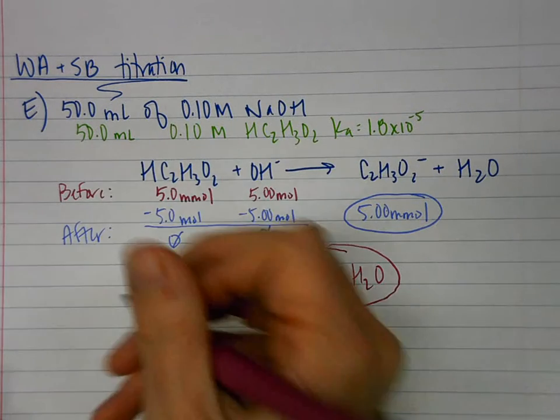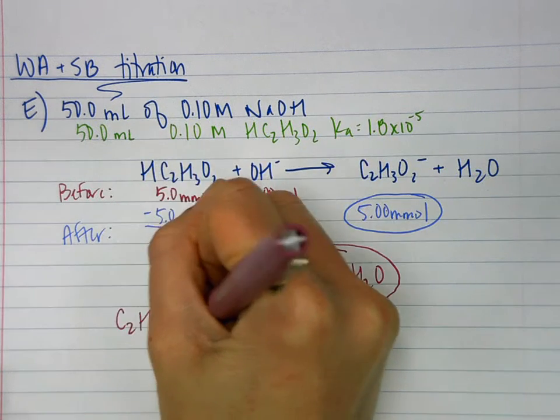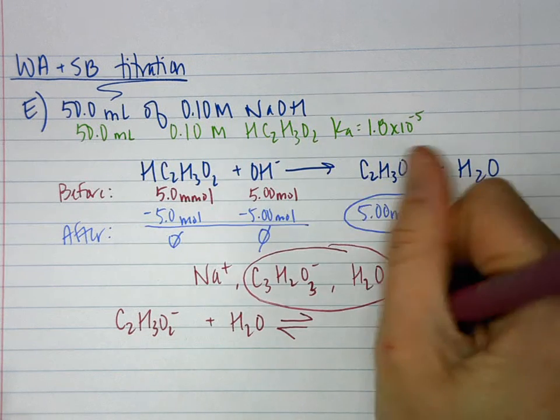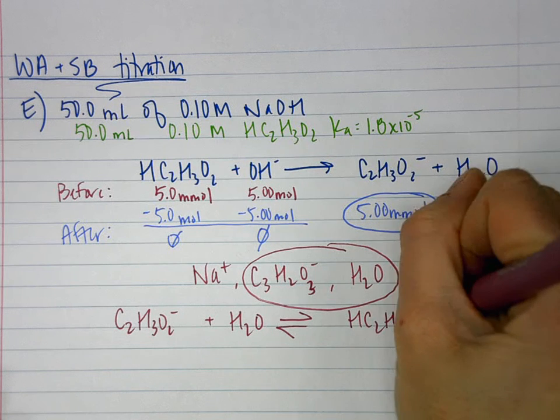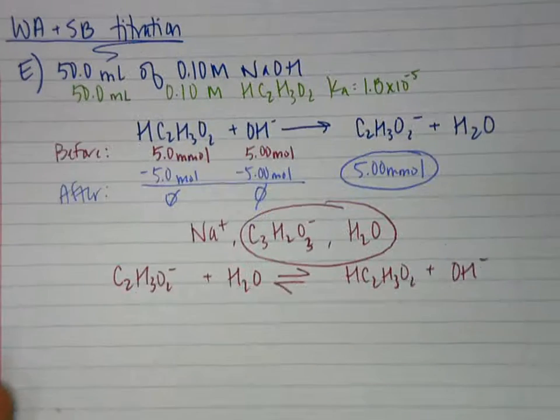So we're going to have our base, our acetate ion, plus water, and it's going to end up forming the acetic acid and that hydroxide ion.